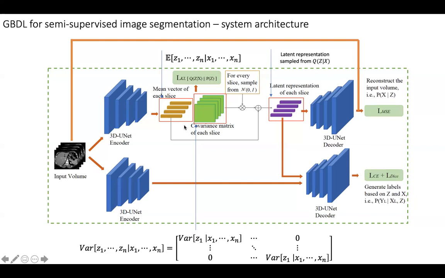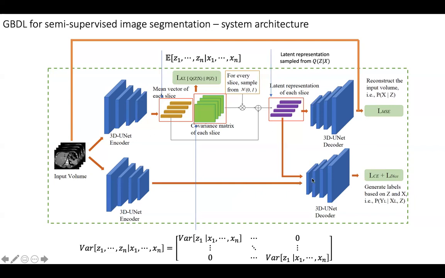So this part is exactly the same as the variational autoencoder. The new thing here is this extra part. For example, when this sequence of images goes through another 3D U-Net encoder, we will get a sequence of feature maps, and we will combine this sequence of feature maps with the sequence of latent representations for all these images.